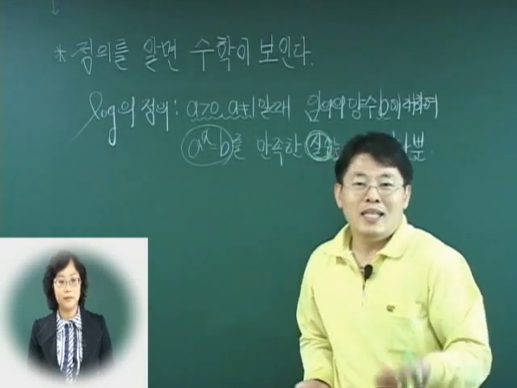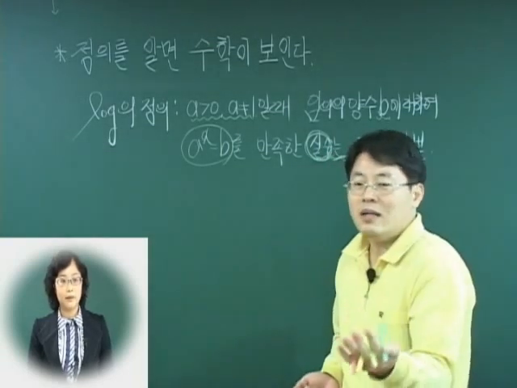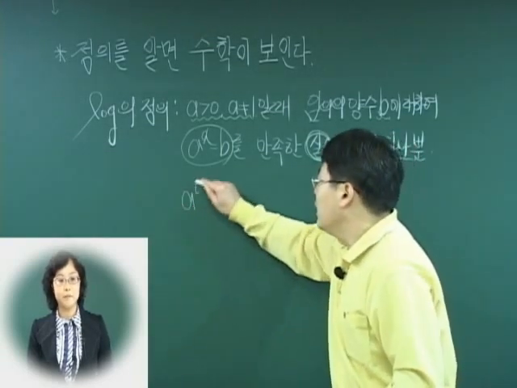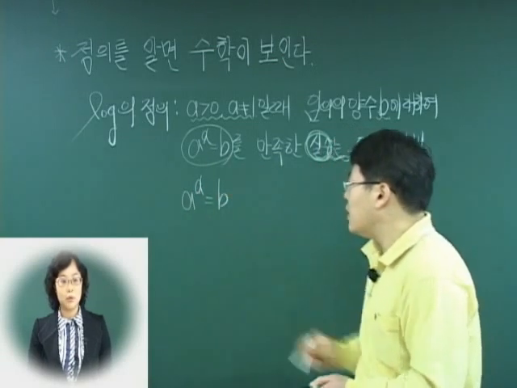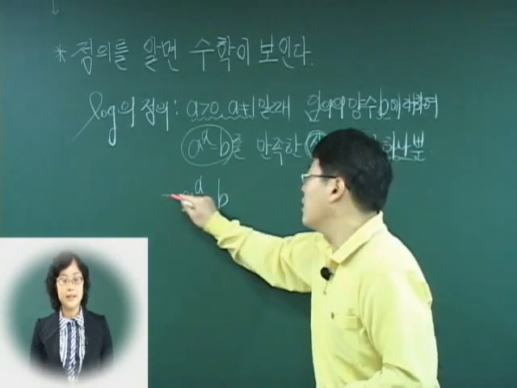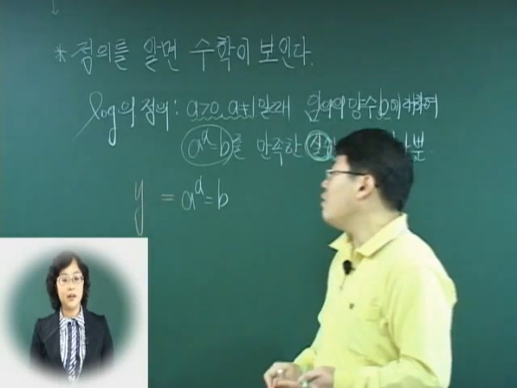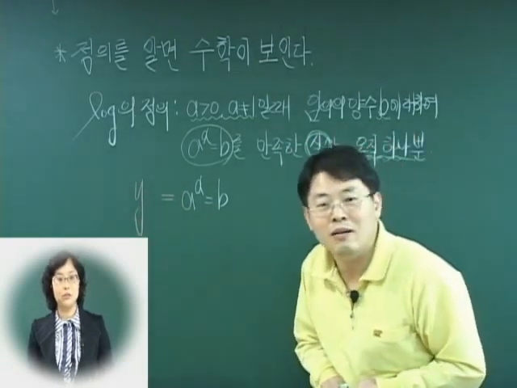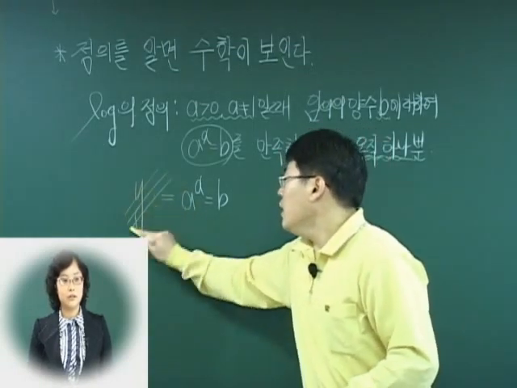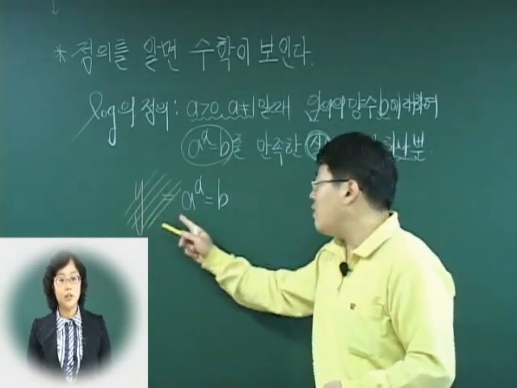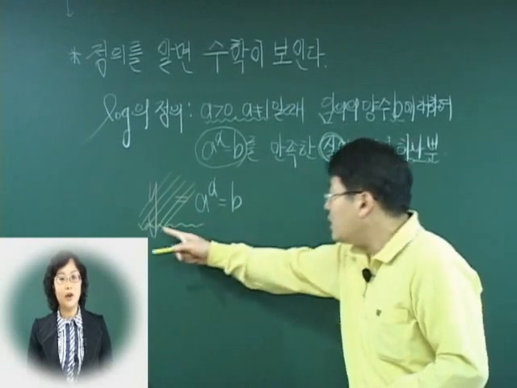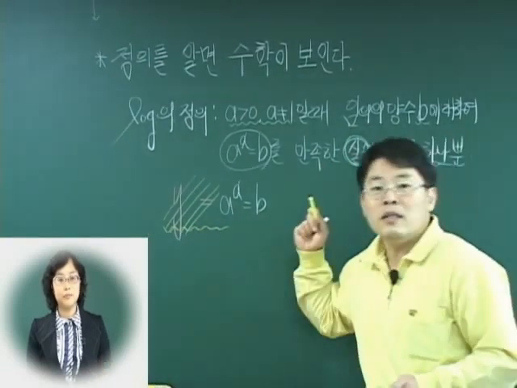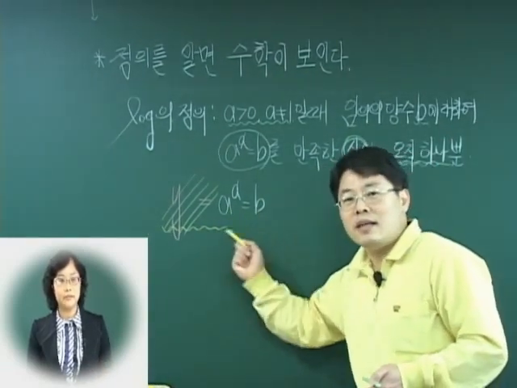You have to think about that. a to the x power equals b. What do we do? In here, y is a method that I have already taught you. You have to bring it in your mind. You have to draw a picture in your mind.